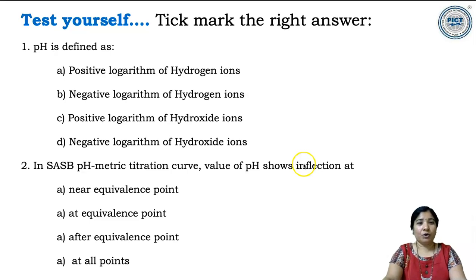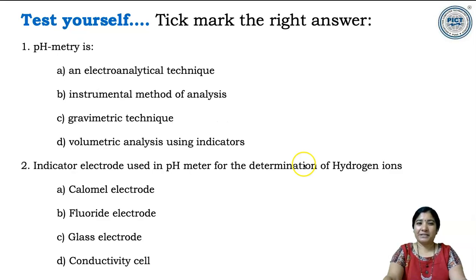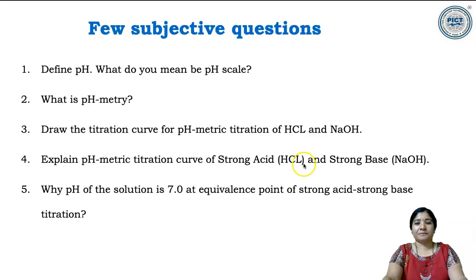The second one is: in the strong acid, strong base pH metric titration curve, the value of pH shows inflection at. Then: pH metry is which type of technique or analysis. And these are a few subjective questions that you can go through for this topic, pH metry.